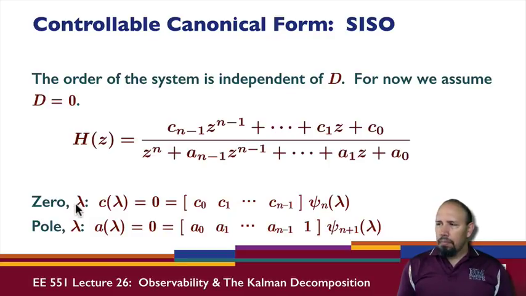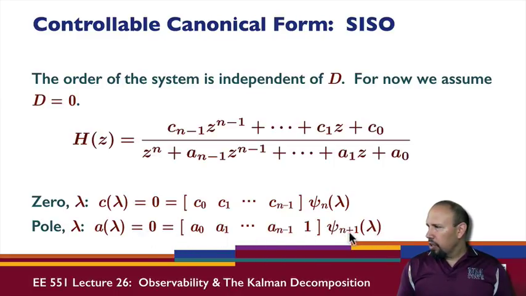If lambda is a zero of this function, then C of lambda is equal to 0, which is equal to this times this vector. Right? So this row times this column is actually C evaluated at lambda. And if lambda is a pole value, then A of lambda is 0, in which case I have this row times this column.